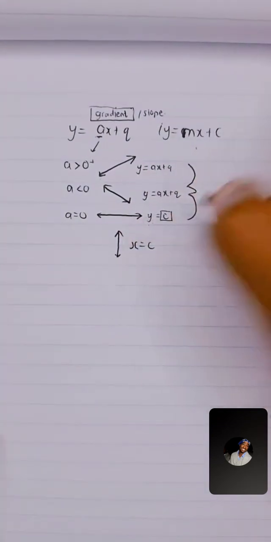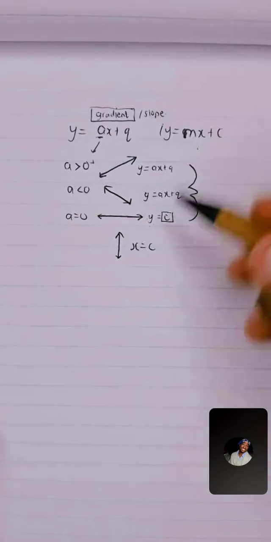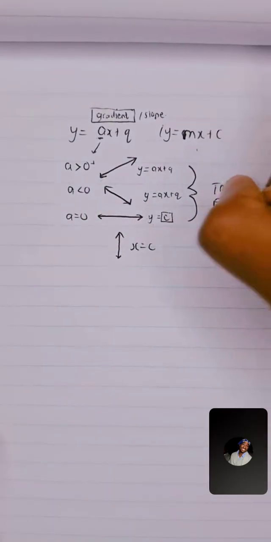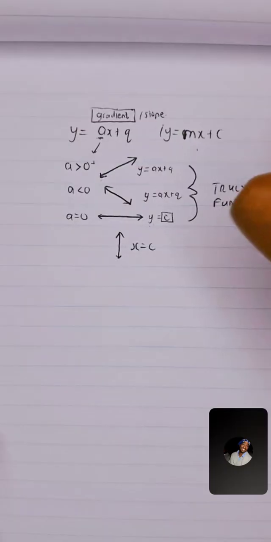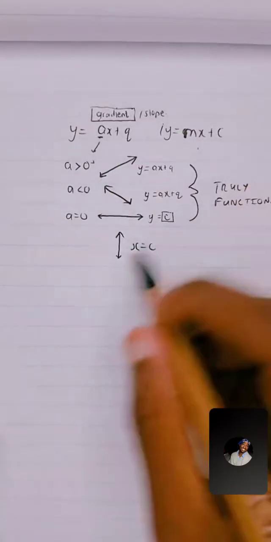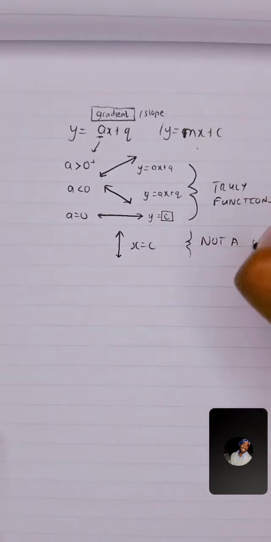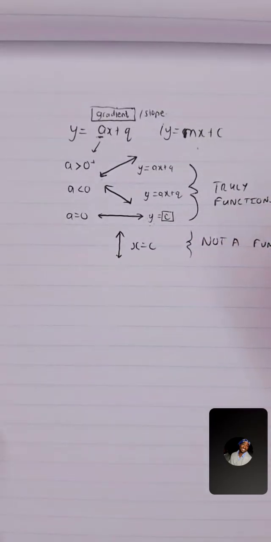Because these three are truly functions. We call them functions indeed. This vertical line is actually not a function, all right?